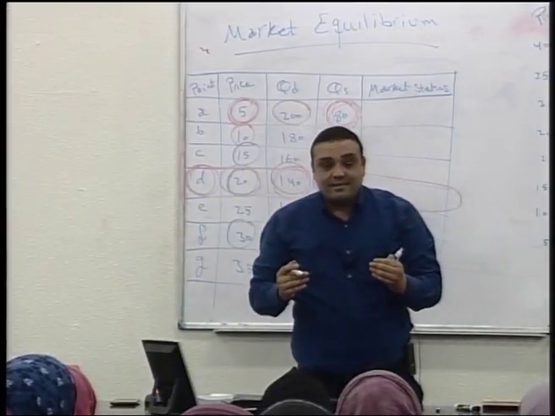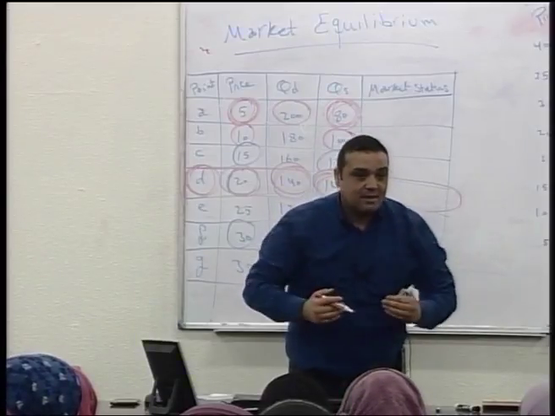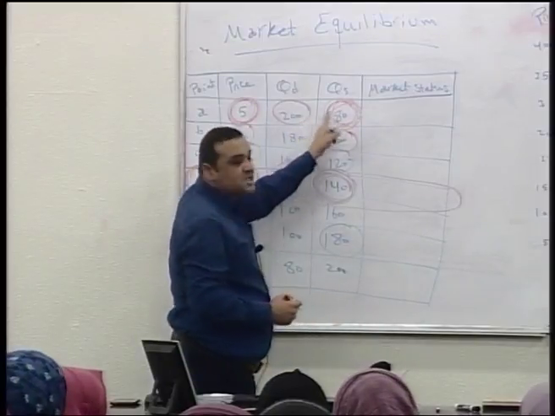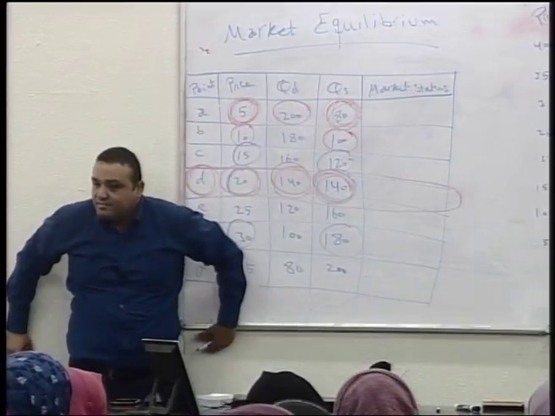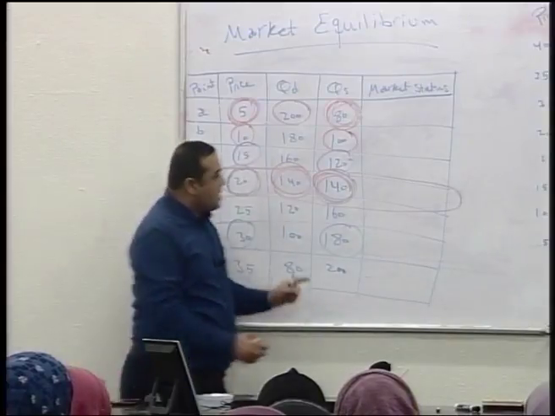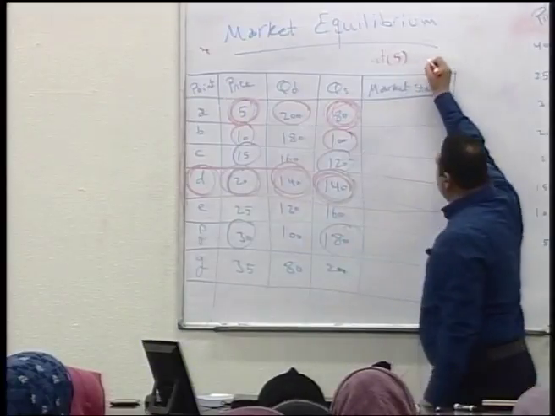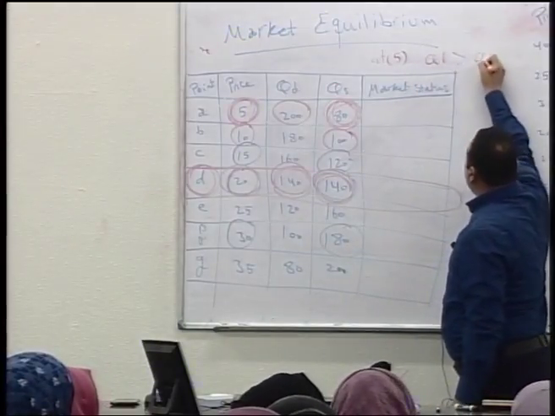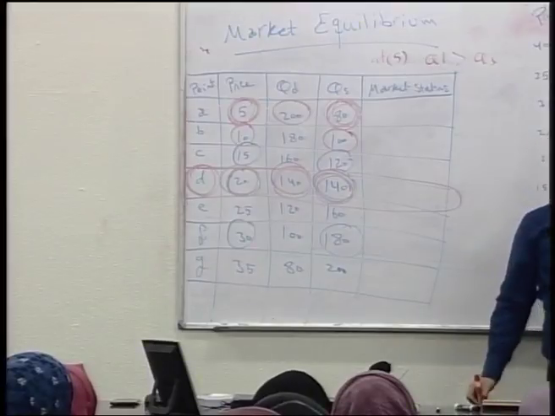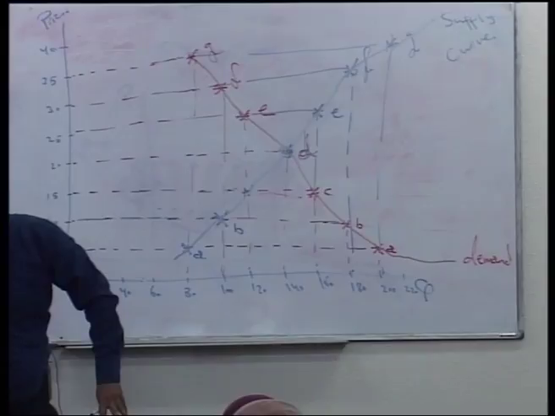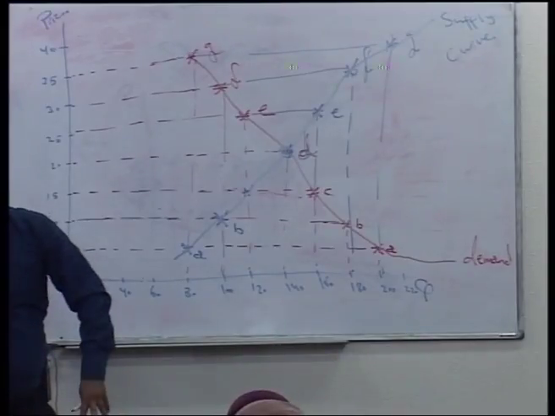Excess demand. Excess demand means at this point, the quantity demanded is bigger than the quantity supplied. At a price equals 5, the quantity demanded is bigger than the quantity supplied. Here we have excess demand, meaning a large excess of demand, or supply shortage.